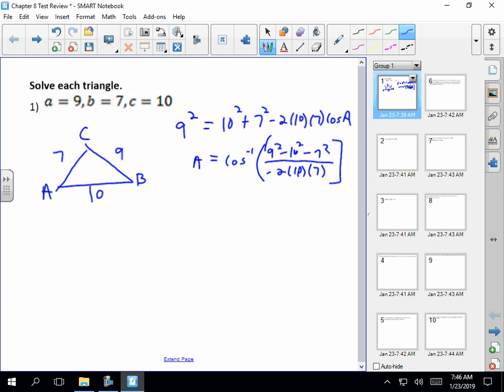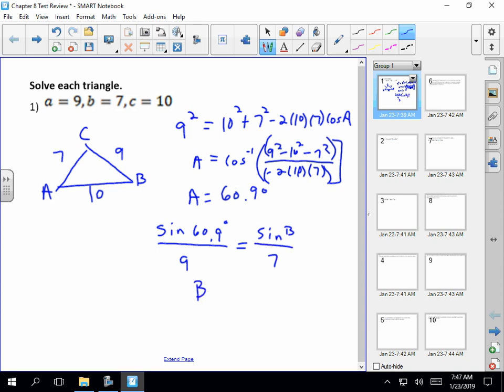And you'll have to put parentheses around the top and parentheses around the bottom of the fraction as you plug it into your calculator. A ends up being approximately 60.9 degrees. That gives us angle A. And then we can use law of sines to find angle B. The setup would be sine of 60.9 degrees over 9 equals sine of B over 7.